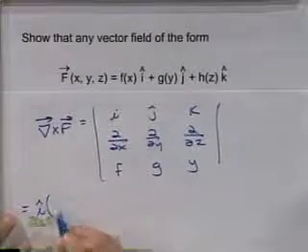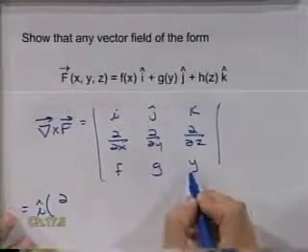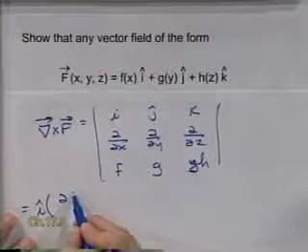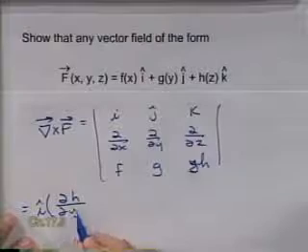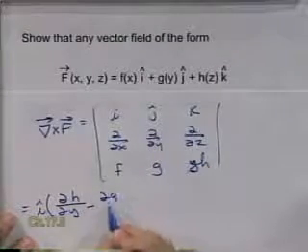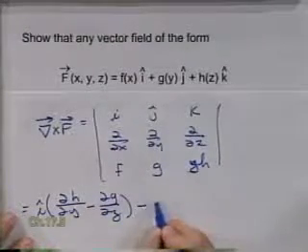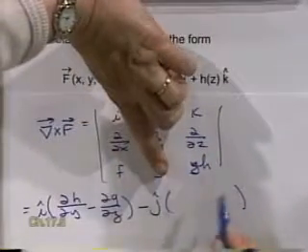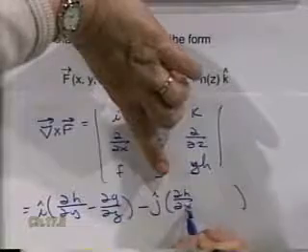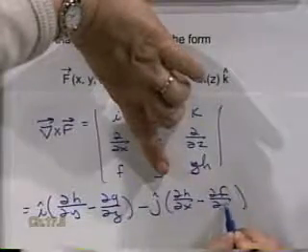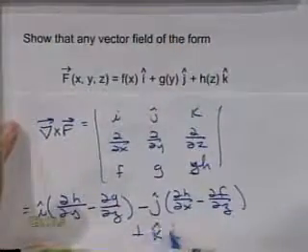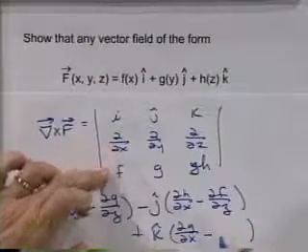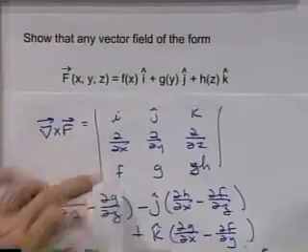This equals i times partial of h with respect to y minus partial of g with respect to z, minus j. Eliminate that row and column. Partial of h with respect to x minus partial of f with respect to z, plus k times partial of g with respect to x minus partial of f with respect to y.